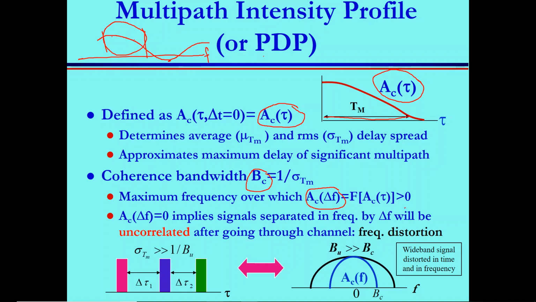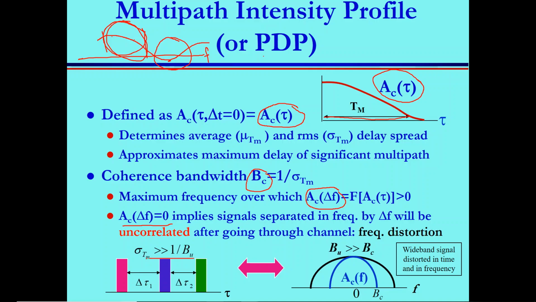Once it becomes 0 or less, they are uncorrelated. This is how you calculate it mathematically. So when this value holds, this implies that signals separated in frequency are independent, uncorrelated, and you say they are separated by delta F, and they will be uncorrelated, and it looks like this. This with this, they have zero correlation.